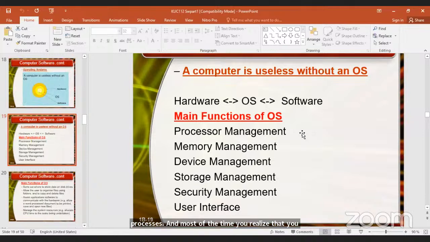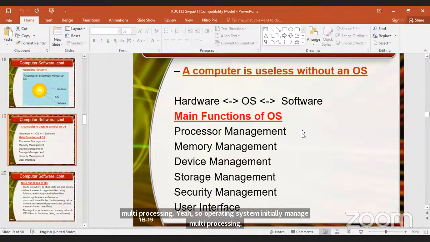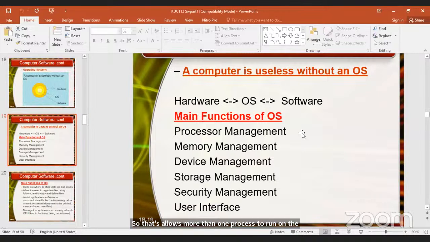And these processes are running concurrently. Remember last time we mentioned something concerning multiprocessing? Yeah, so the operating system usually manages multiprocessing so that it allows more than one process to run on the CPU.